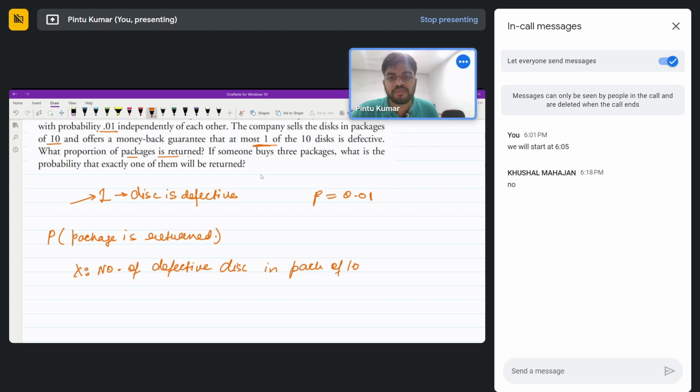Excuse me, sir. Yes. It may mean they should have zero defective. If any defective is there, they will return. That's what it should mean. But the line says that money back guaranteed that at most one of... But such, at least there is one, it should be at least one, right?